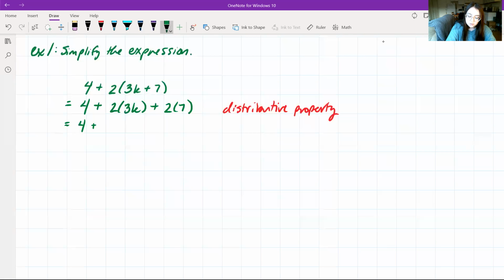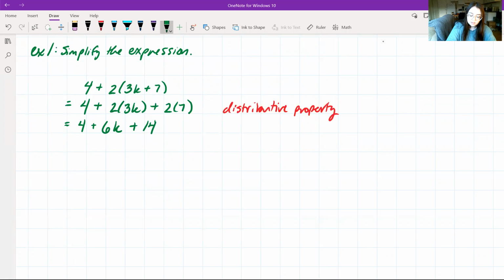So multiplying 2 and 3k gives us 6k, and multiplying 2 and 7 gives us plus 14. So we've simplified, and now we see that we have 2 constants, 4 and 14, and 6k. 6k has a variable on it, so it is unlike 4 and 14. But since 4 and 14 are both constants, they are alike.